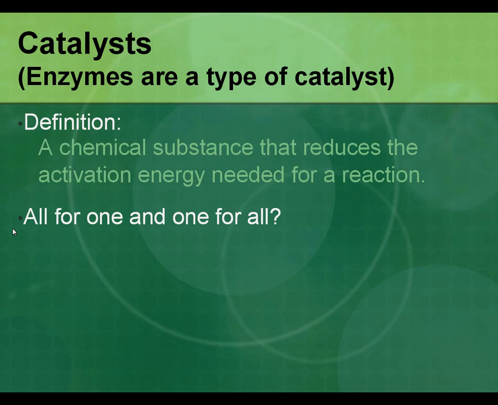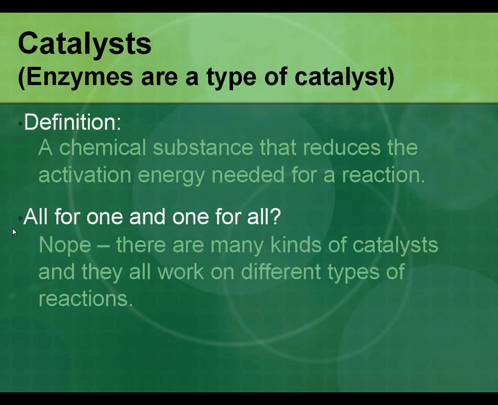I mentioned that there were thousands and thousands of different chemical reactions going on inside your body. My question then is, is there one enzyme for every chemical reaction? Or are there lots of different kinds of enzymes that each perform specific chemical reactions? So is it all for one and one for all? The answer to that is no. For every kind of chemical reaction in your body, there is a unique enzyme.